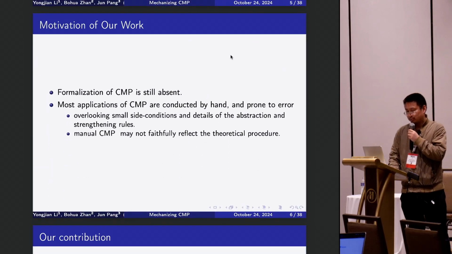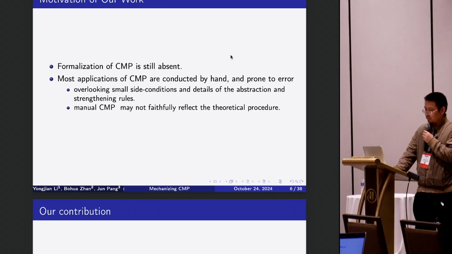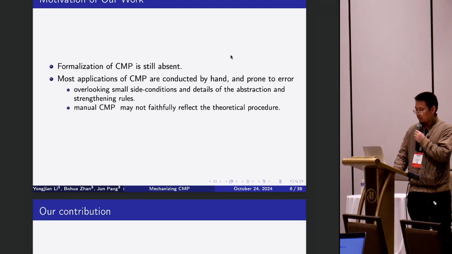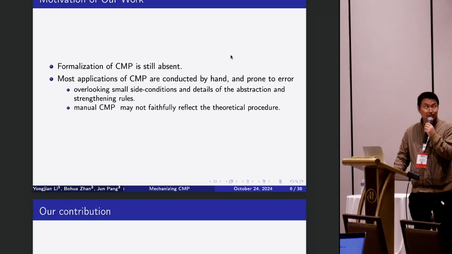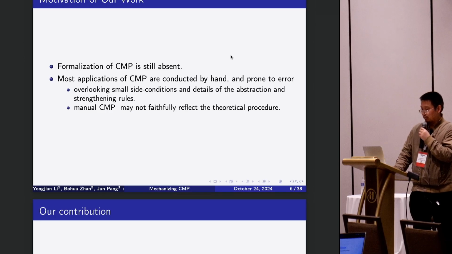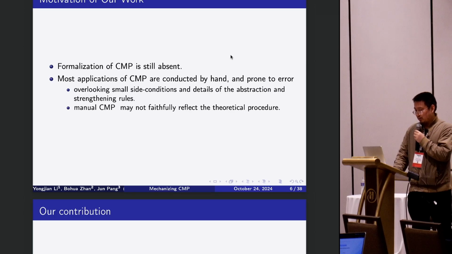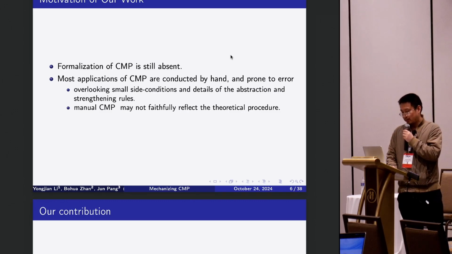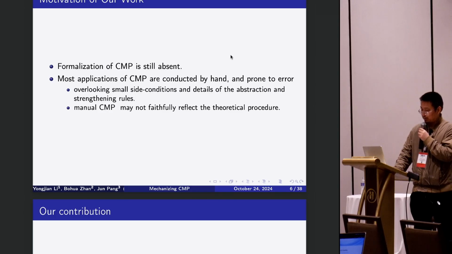Our motivations: now, a formalization of the CMP abstraction is still absent. There is no formalization of CMP, and most applications of CMP are conducted informally by hand, which is prone to error.